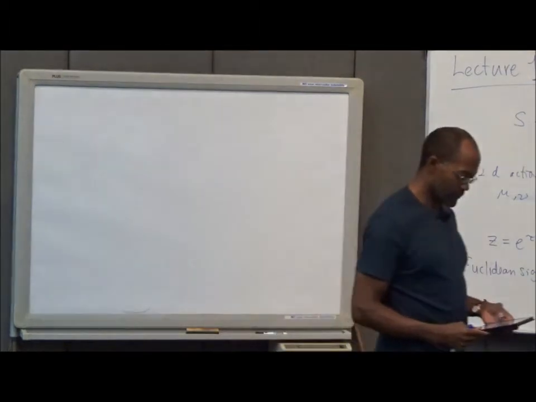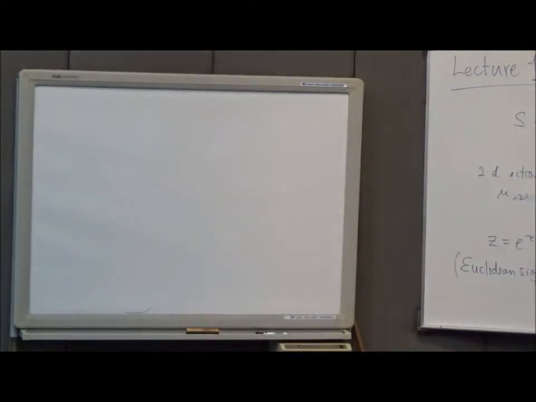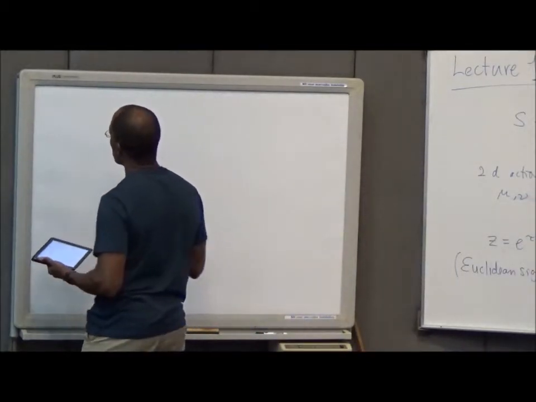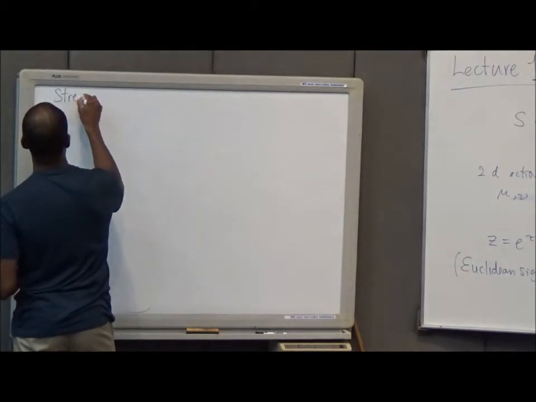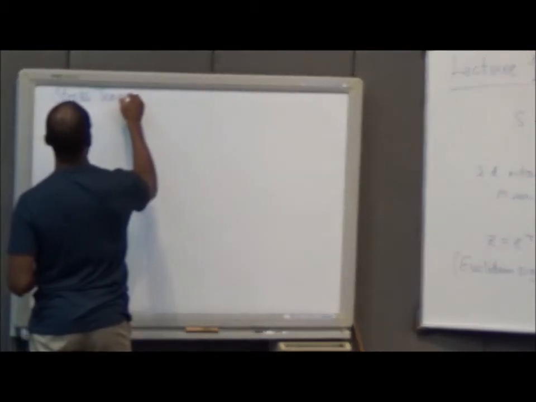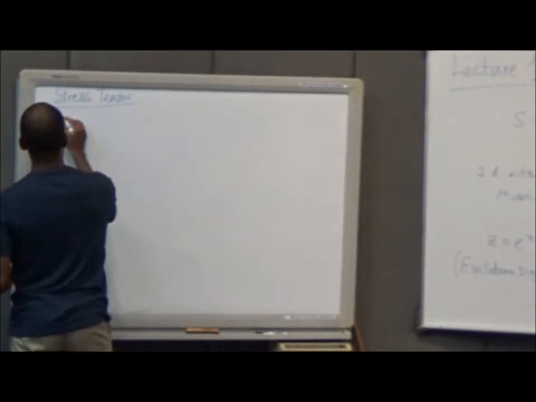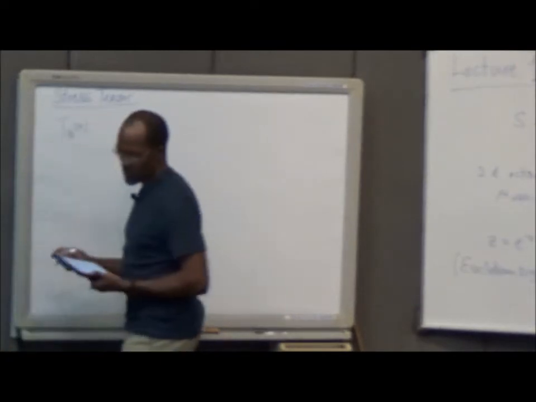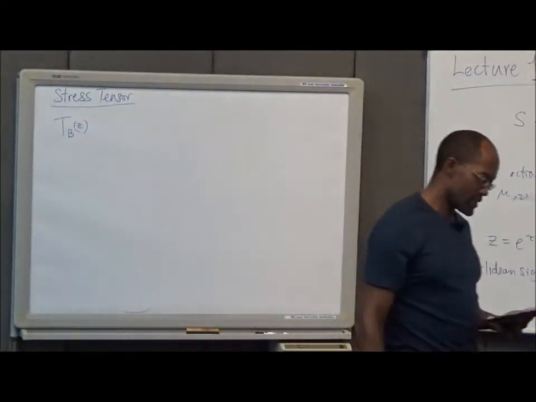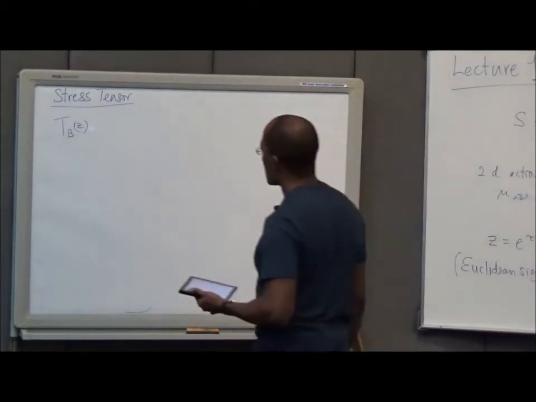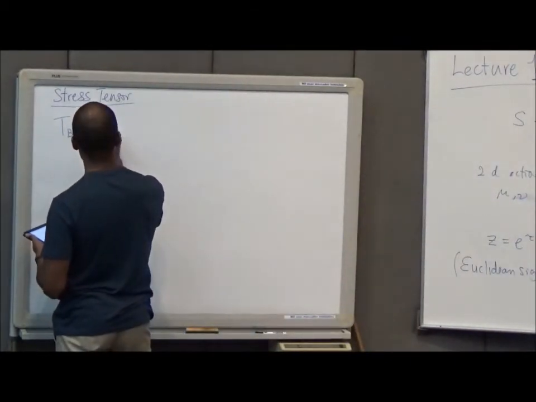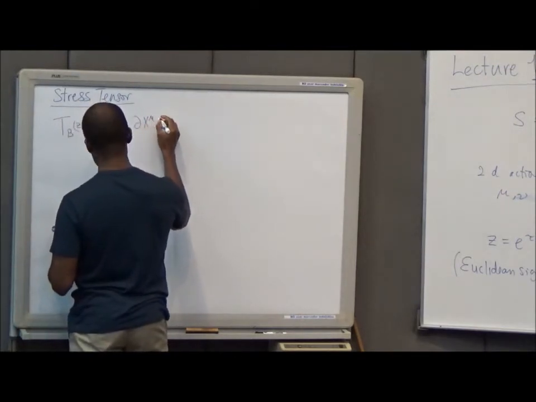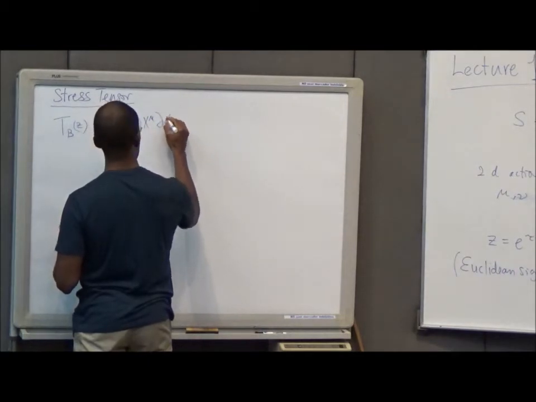So, stress tensor. I have two pieces. I have a bosonic piece. Well, I have four pieces. I have a bosonic piece, left moving, a bosonic piece, right moving, etc., etc. Let me just write down one copy of each and let you write down the other piece by simply putting bars on everything.